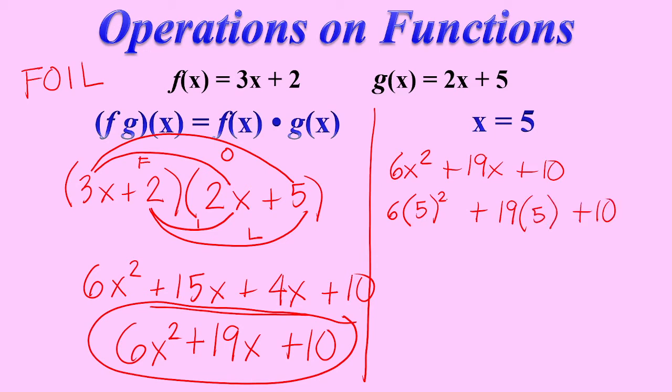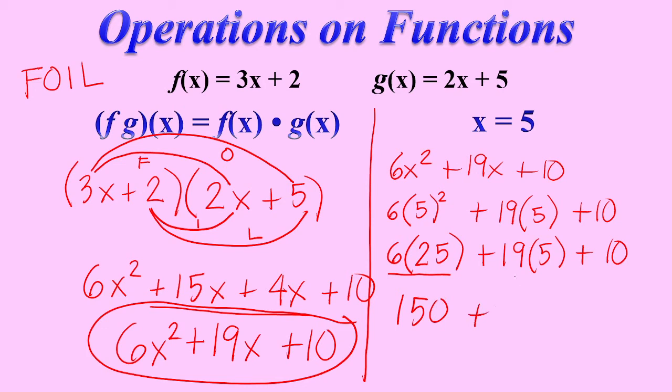What is 5 squared? 5 times 5 is 25. Next, multiplication. 6 times 25 is 150. 19 times 5 is 95.